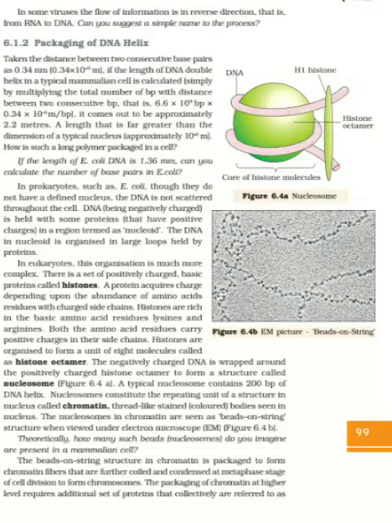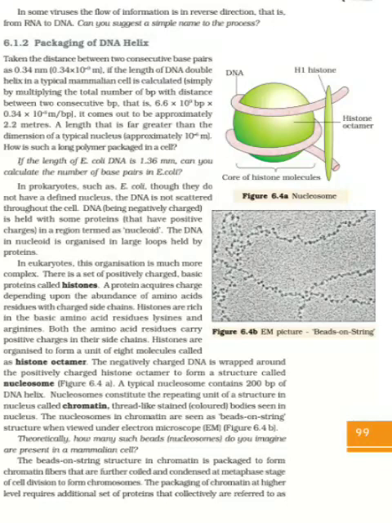Both the amino acid residues carry positive charges in their side chains. Histones are organized to form a unit of 8 molecules called the histone octamer. The negatively charged DNA is wrapped around the positively charged histone octamer to form a structure called a nucleosome. A typical nucleosome contains 200 base pairs of DNA helix.